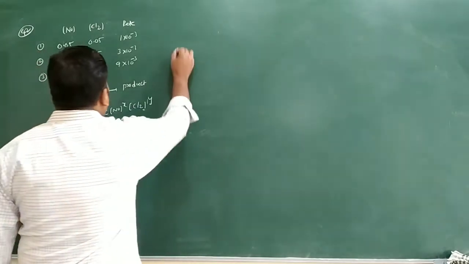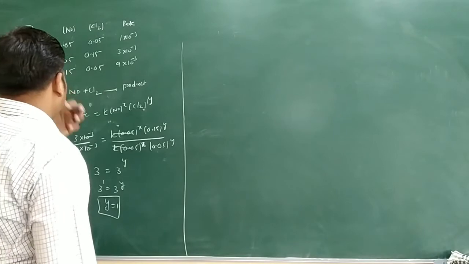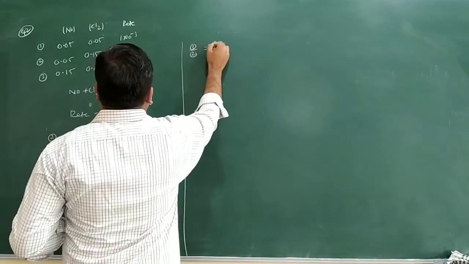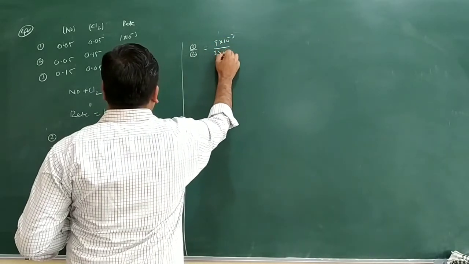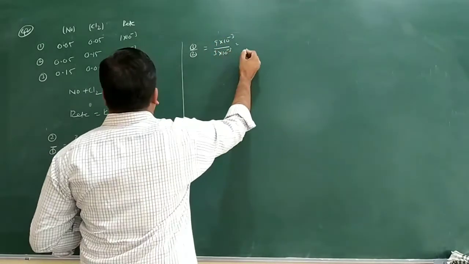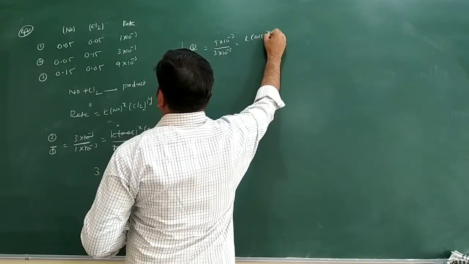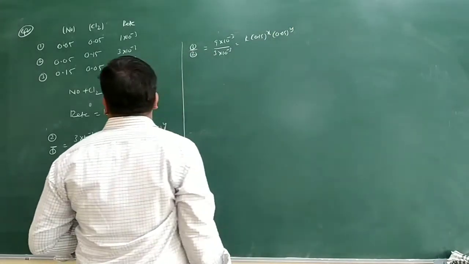One more you can find out, the value of x. So which one can you take here? If you want to take 3 by 2, suppose I am writing 3 by 2. What is 3 here? This is 9 into 10 power minus 3 by 3 into 10 power minus 3, is equal to k into 0.15 whole power x into 0.05 whole power y.